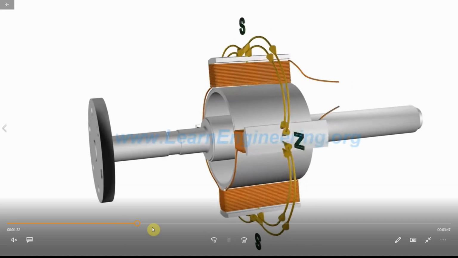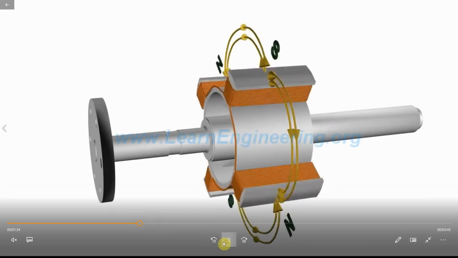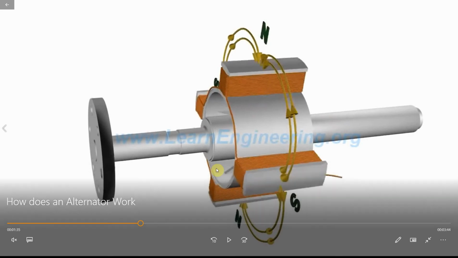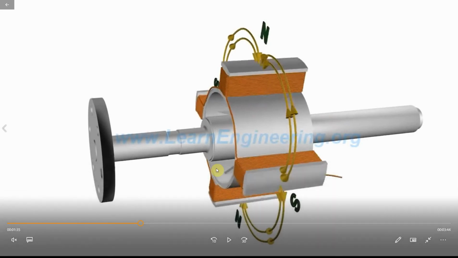Now see, if we rotate this, that means the fields are also rotating. So when fields are rotating, that means a time varying magnetic field is working.